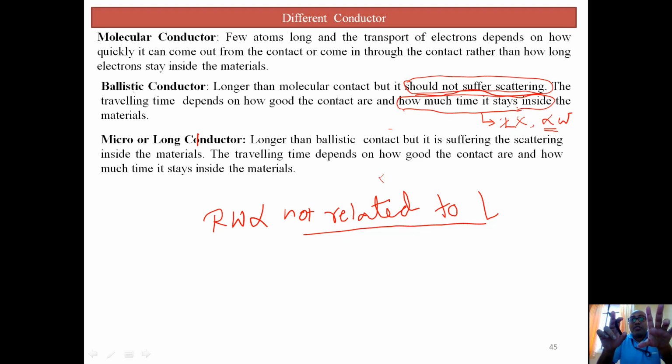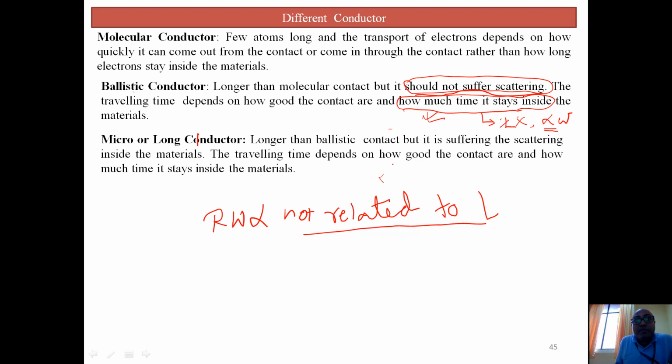But here in a ballistic conductor, since there is no scattering effect, traveling from position 1 to position 2 is very fast, so it is really independent of L. Be very careful here.